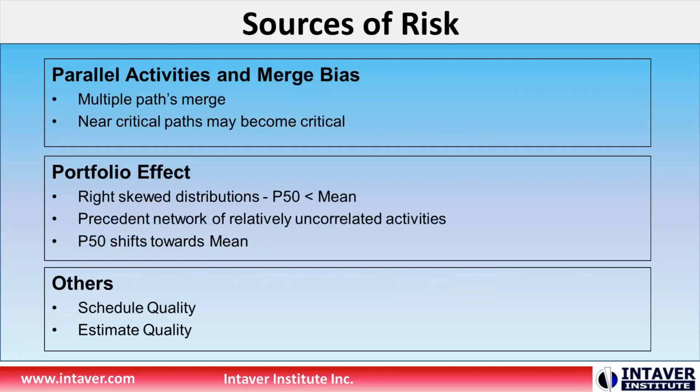This emerging risk comes from parallel activities and merge bias, which you might have heard of, and we'll show that. There's also the portfolio effect, which happens on large schedules. And there are some others, such as schedule quality and estimate quality. These are minor things that are less impactful, but we need to account for them, or deal with them, especially if we're going to be running Monte Carlo simulations on our schedules.